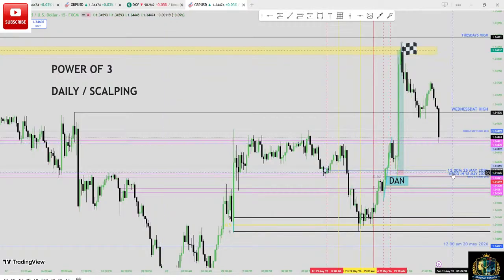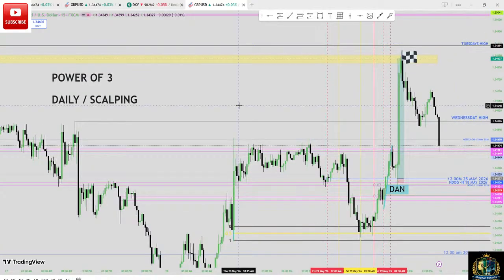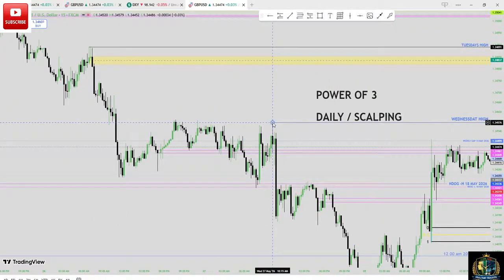That is what it means. And this black line over here means Wednesday high. Over here, this black line means Tuesday's high. If you want to check where I get it, this is Tuesday's high, and this is Wednesday high. Both are previous day highs.